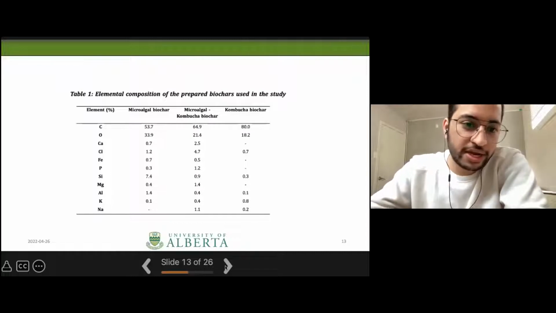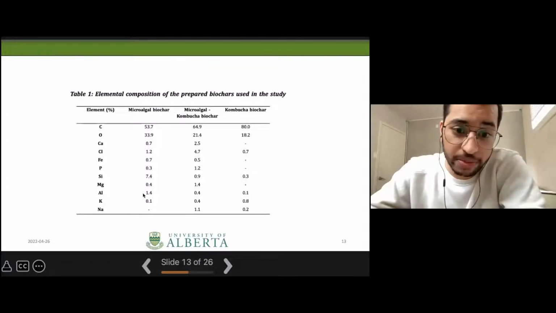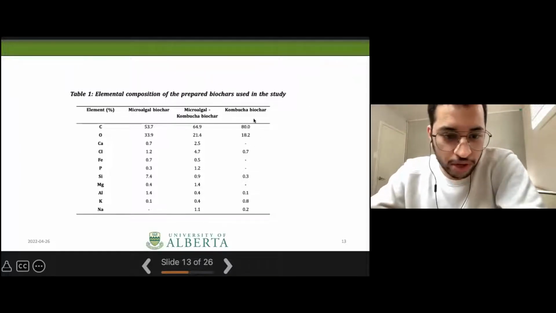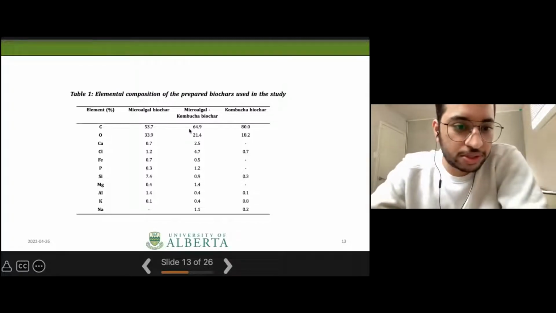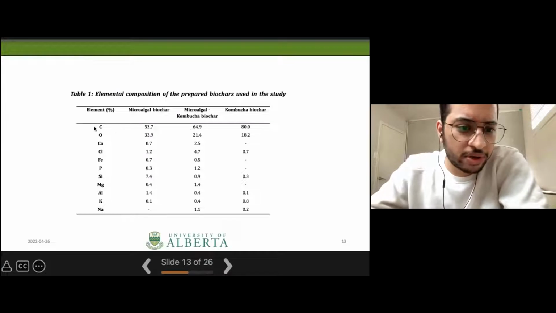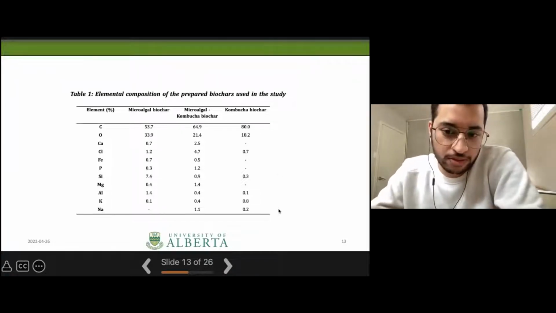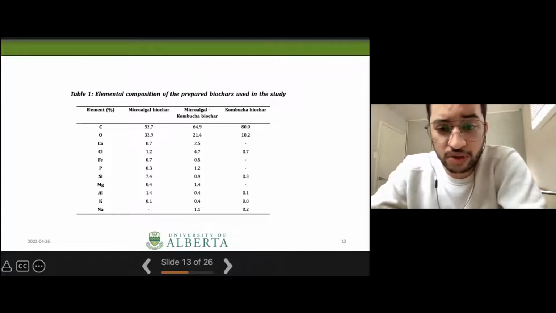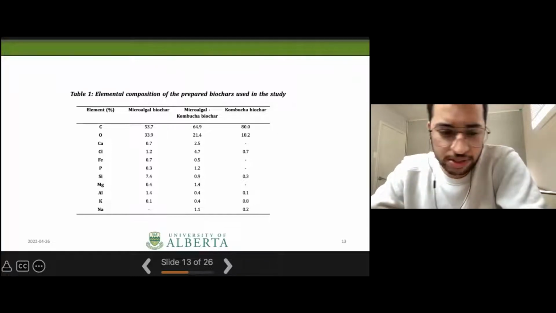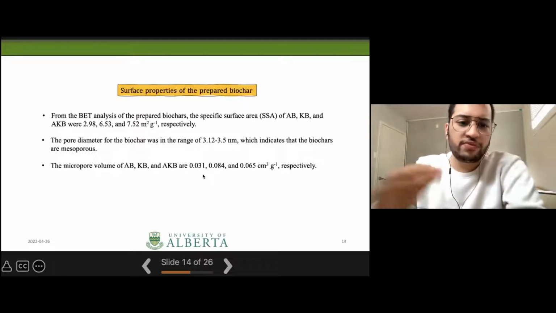Then the EDX analysis showed that microalgal biochar and microalgal kombucha biochar have a diverse range of elements, whereas in the case of kombucha biochar, the majority of the elements are only carbon and oxygen. So we can conclude from this that algal AKB and microalgal biochar can contain various functional groups, as they have multiple elements.